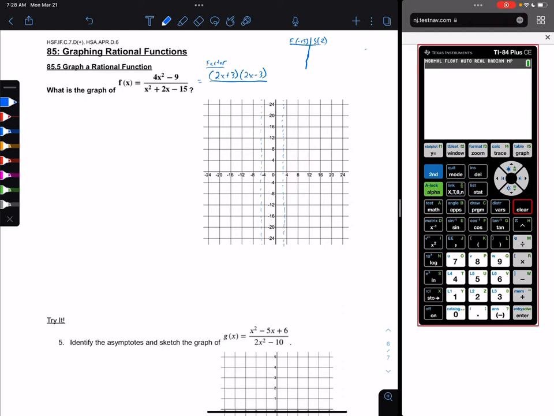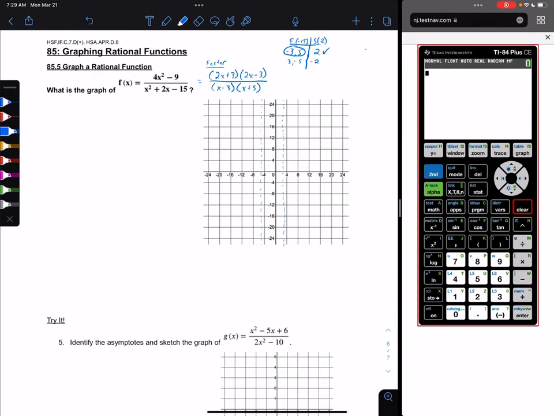So I know 1 and 15 are not going to work, so I'm going to try 3 and 5. If I make the 3 negative, negative 3 plus 5 would be a positive 2, which is what I'm looking for. If I had used 3 and negative 5, that would give me a negative 2, the right number but the wrong sign. So my factored form would be x minus 3 times x plus 5.